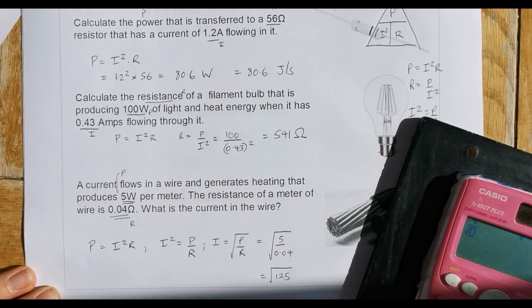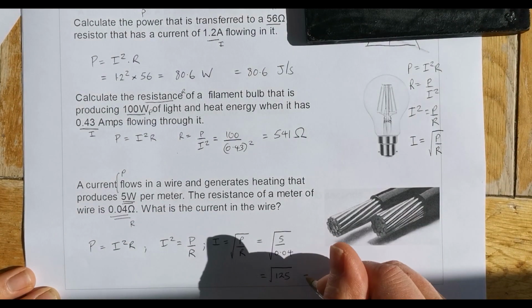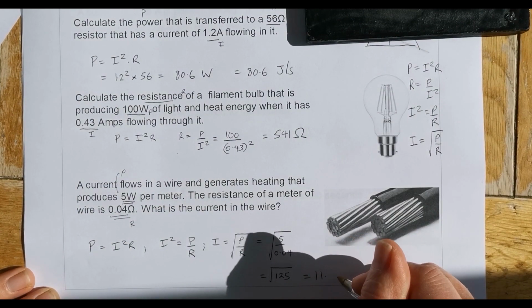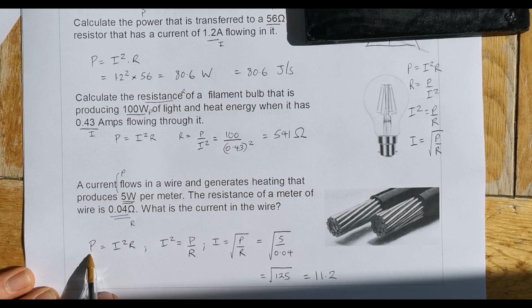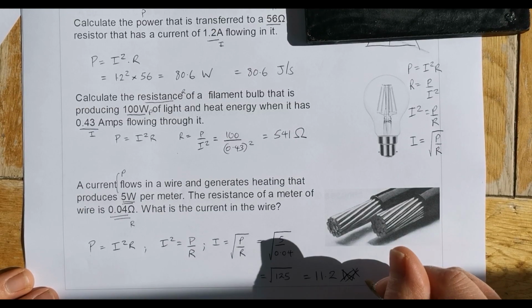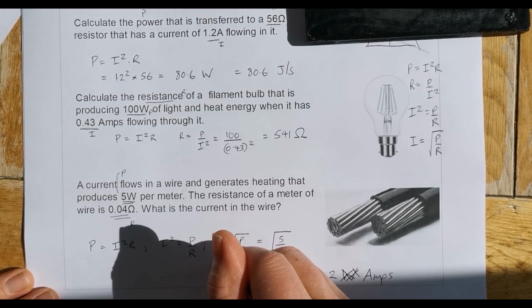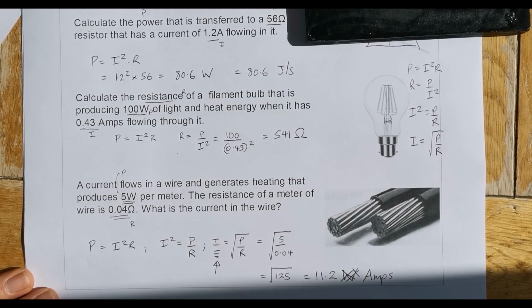And the square root of 125 is 11.2 to 3 sig figs. 11.2 watts. No, we weren't calculating watts, we were calculating amps, weren't we? We were calculating I. Okay, thank you.